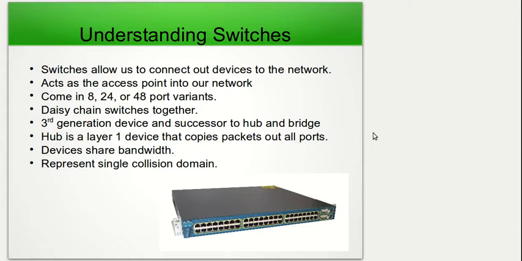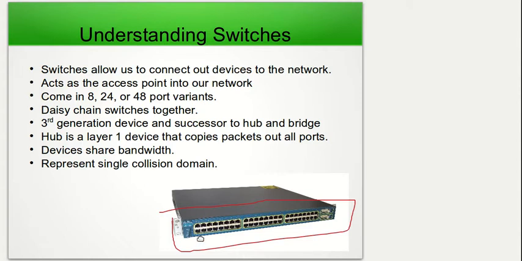Now in the previous video I talked about how local area networks are made up of devices that reside in the same local area and are able to communicate and connect with each other. The way that they can actually connect to the network and to each other is through a switch. The switch essentially has multiple ports, allowing multiple devices to connect to one another.